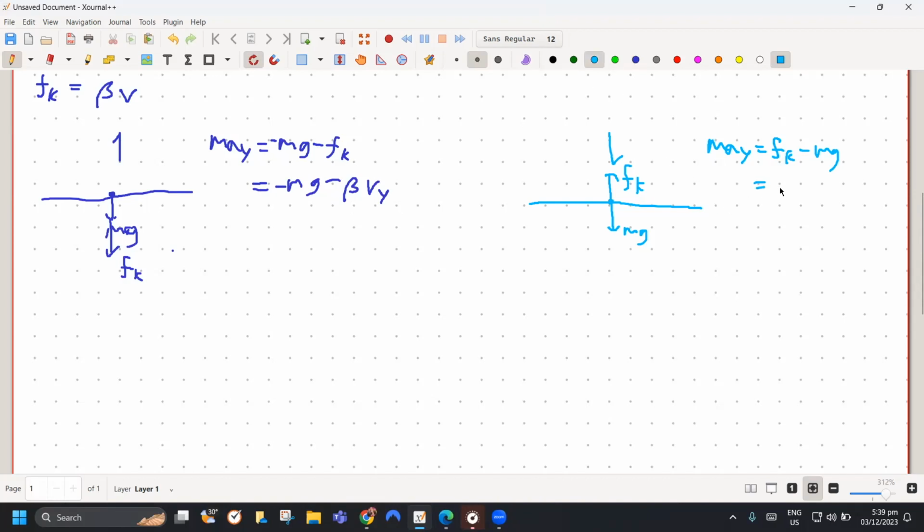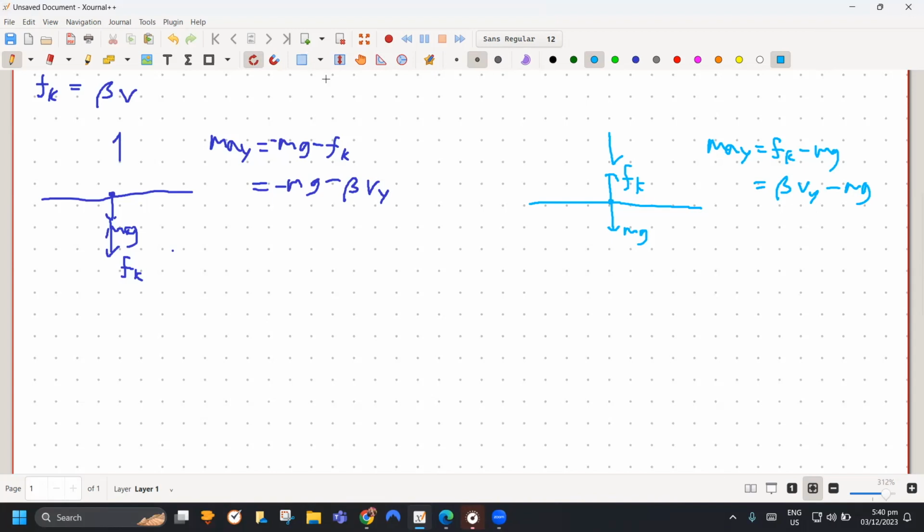Ngayon, yung other case naman. Beta is positive, Vy is anong direction? Negative. So Vy is negative, so beta Vy is negative. Pero yung friction, anong direction?